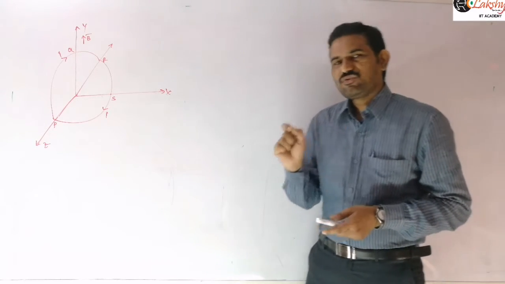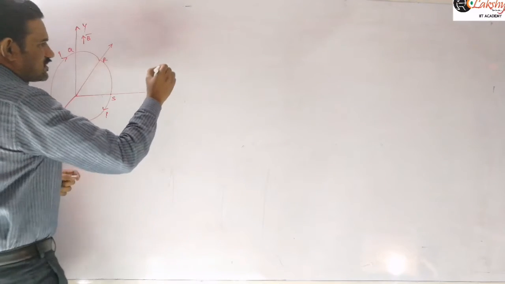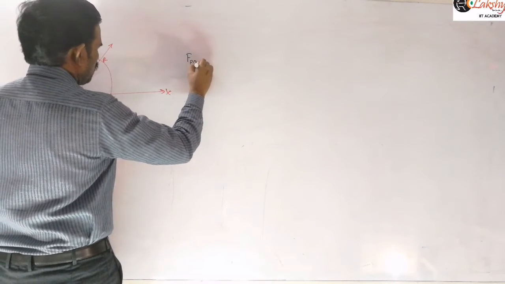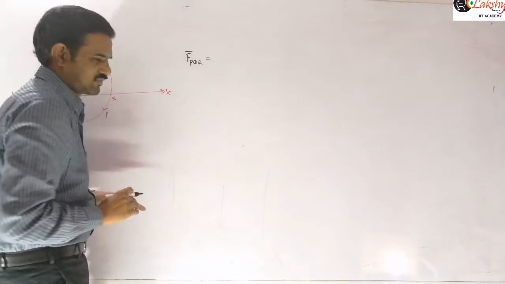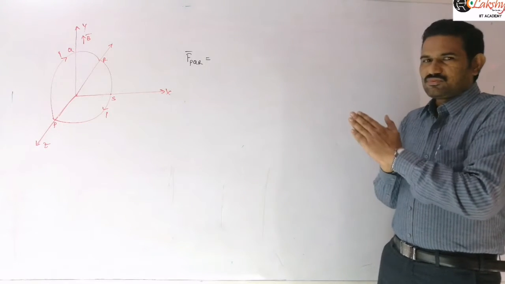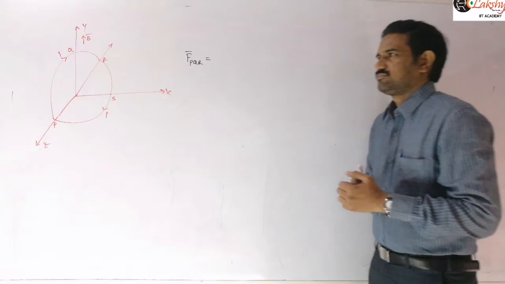And so now we need to write the magnetic force here. Suppose I am first writing the force acting on PQR. That means I am taking it as two semicircles here. First I am writing the force acting on that semicircle PQR.